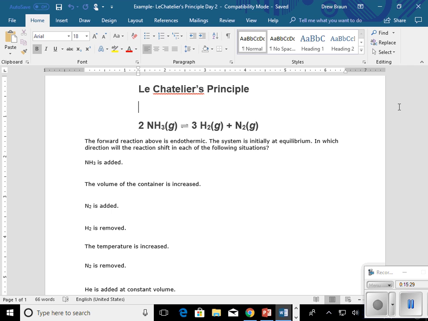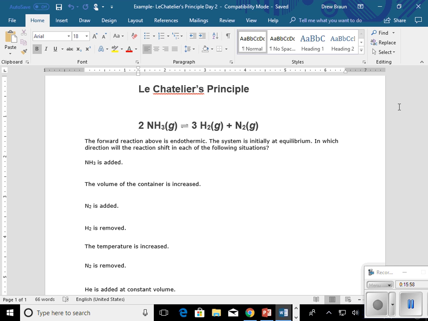Now, this next one's a good one. Okay? This is an actual question that I think I took off of WebAssign. But this next one is a good one because everybody looks at it and says, He is added at constant volume. That's not He, it is helium. Okay? Now, what's going to happen if helium is added at a constant volume?